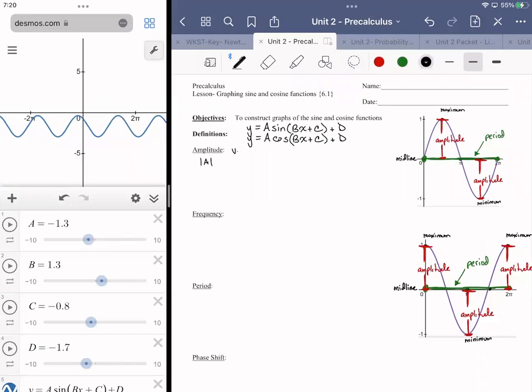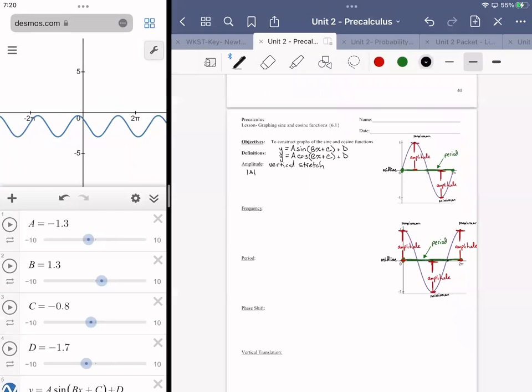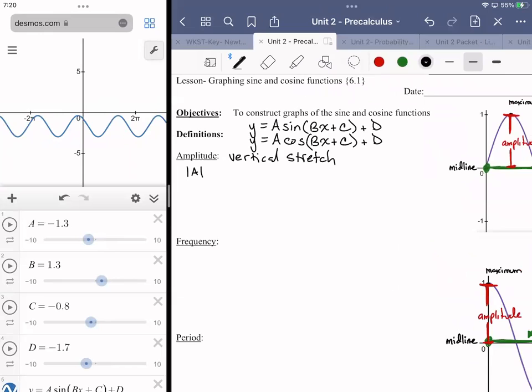So it's a vertical stretch, but it's also the vertical distance from the midline to the maximum point or the minimum point.